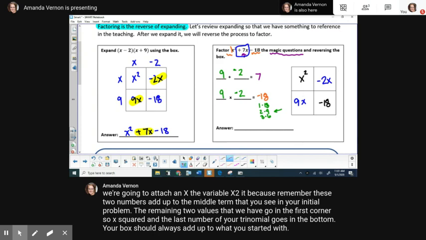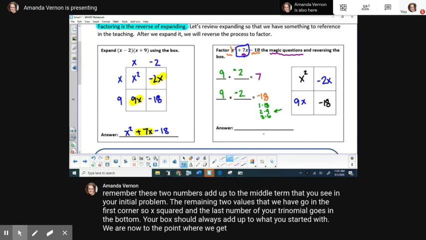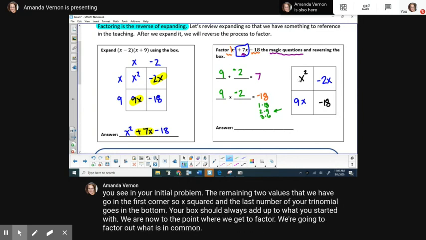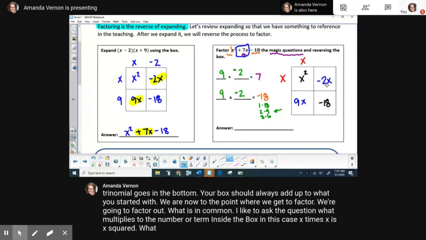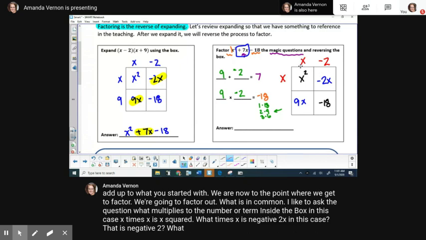We are now to the point where we get to factor. We're going to factor out what is in common. I like to ask the question, what multiplies to the number or term inside the box? In this case, x times x is x squared. What times x is negative 2x? In this case, that is negative 2. What times x is 9x?